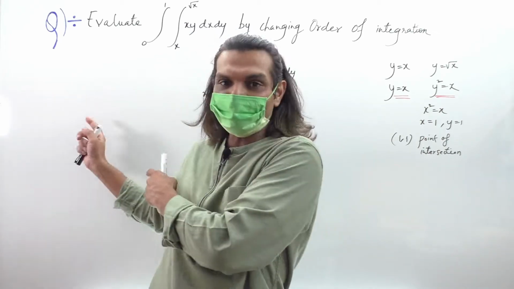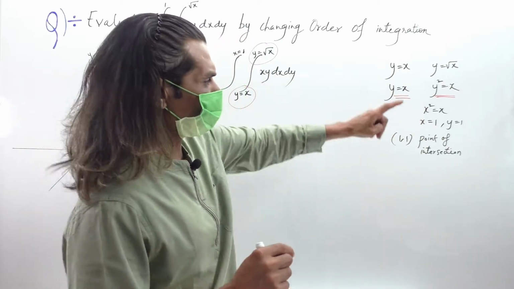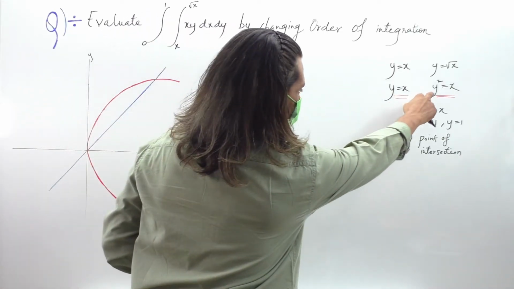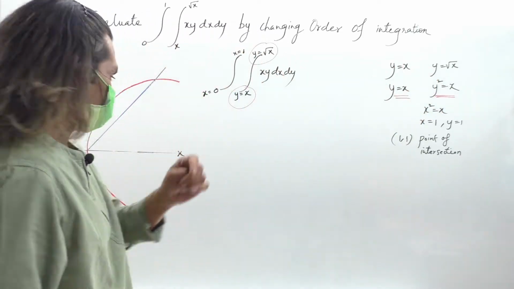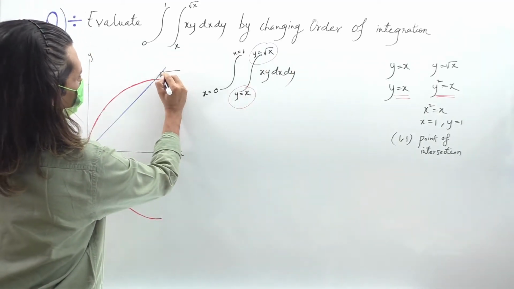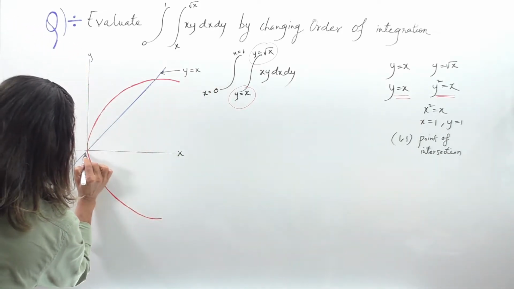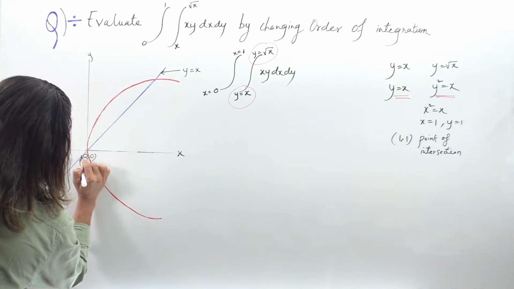Okay, so let's draw the graph here. There are two graphs. One is y is equal to x and the other is y square is equal to x. y is equal to x is a straight line that passes through the origin, which is (0, 0).